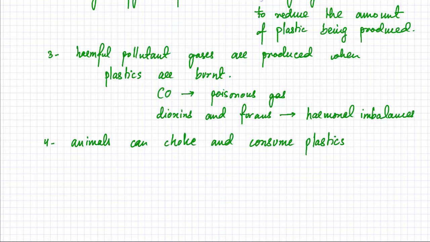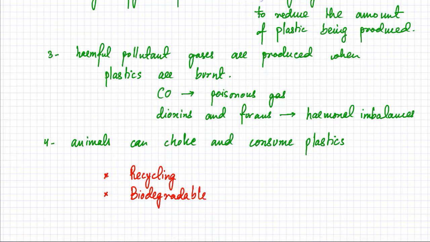So there are a number of reasons why plastic use must be avoided, and to counter that, some of the choices made by organizations and different people is that a lot of recycling is done to avoid this problem. Similarly, use biodegradable substances. Now, if you use biodegradable substances, then your need for plastics would also be lesser.